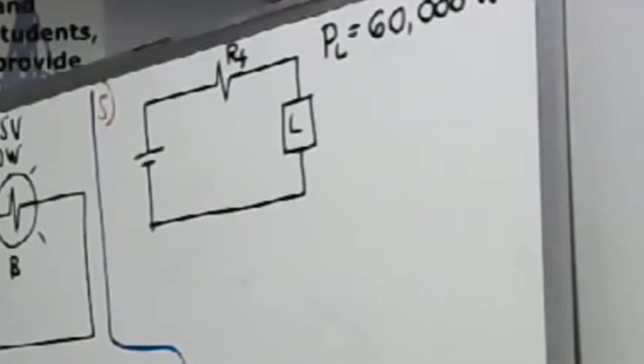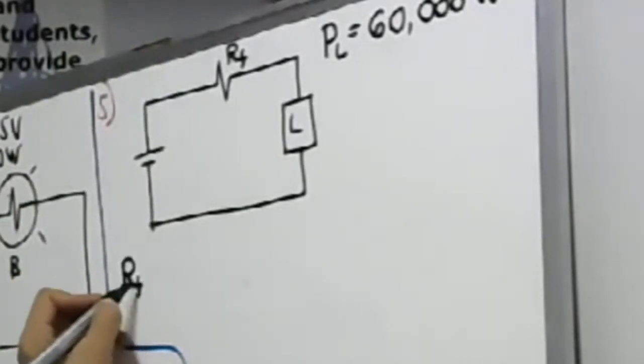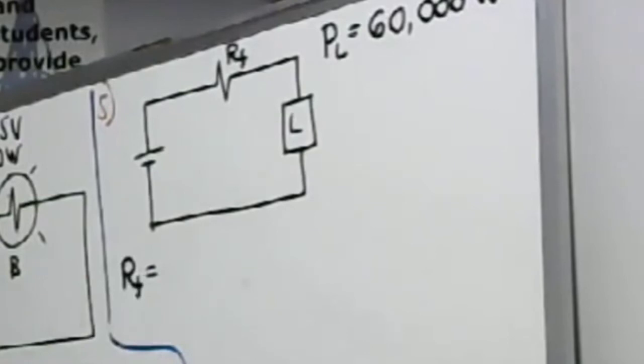100 square millimeter copper feeder. We are given the resistance of the conductor, 0.078 ohm per 1,000 feet. We can solve the feeder resistance.